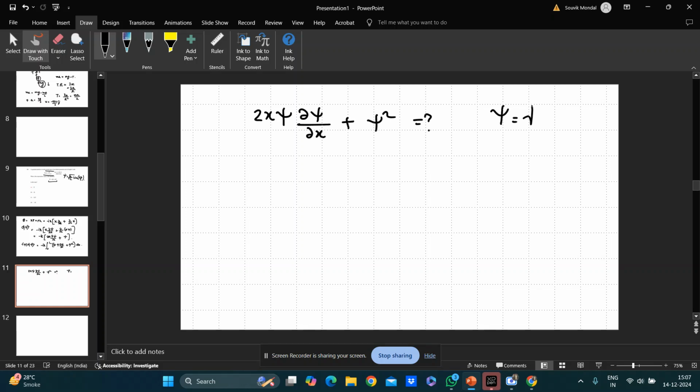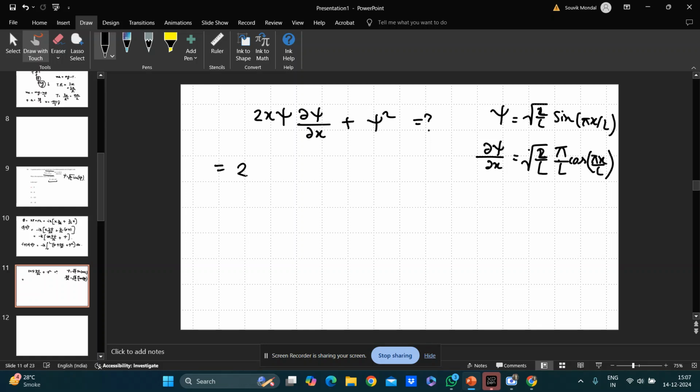Phi is root under 2 by L sine pi x by L. So del phi del x is root under 2 by L, and don't forget the pi by L, because you are differentiating this term, so the coefficient of x will come out. So don't forget this pi by L. Okay, so this is del phi del x.